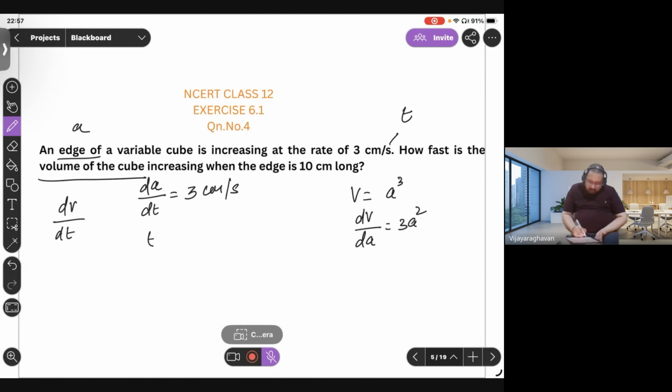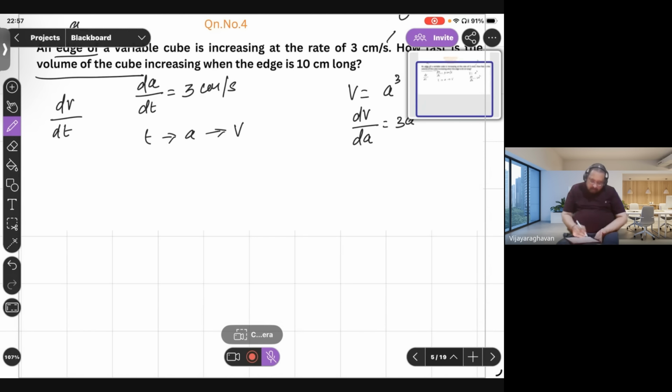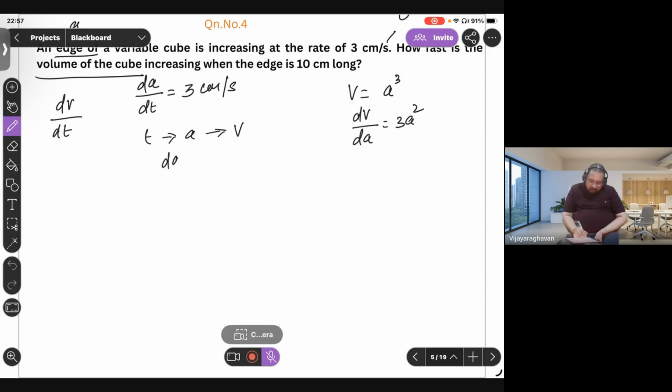And let's establish the chain rule. Time increases the edge, the edge increases the volume. Therefore, the derivative using the chain rule is dA/dt multiplied by dV/da equals dV/dt. dA/dt is 3 multiplied by dV/da is 3a square, which is 9a square.